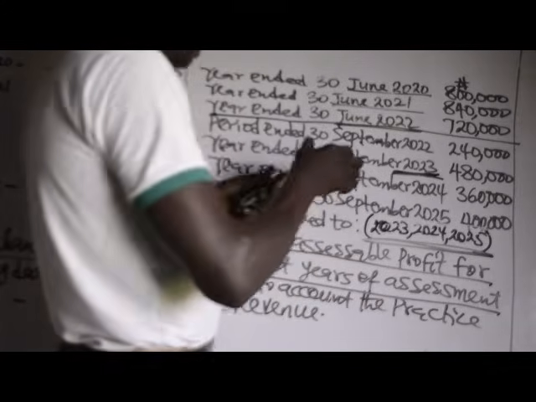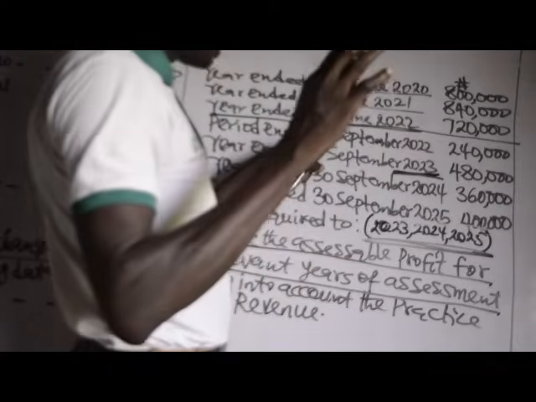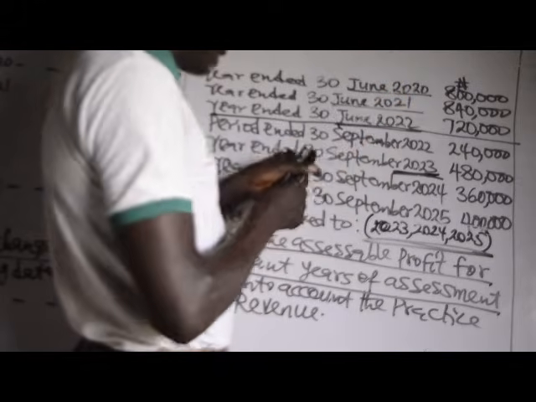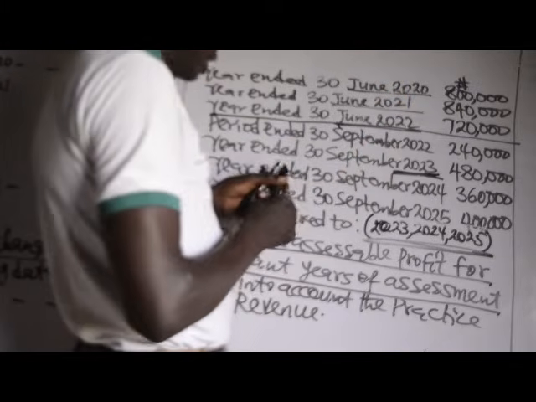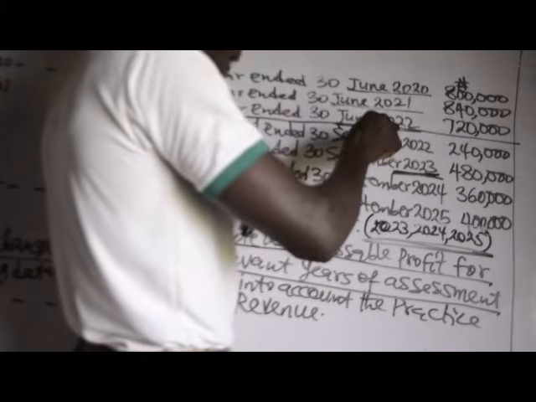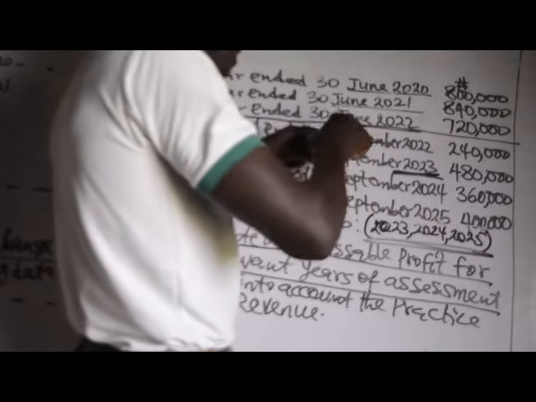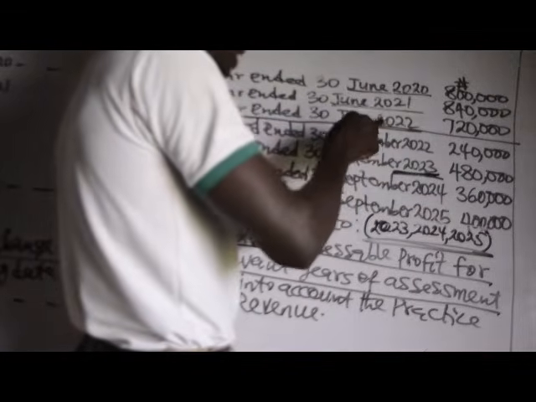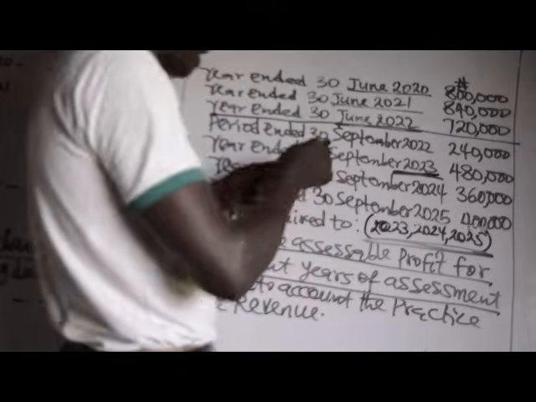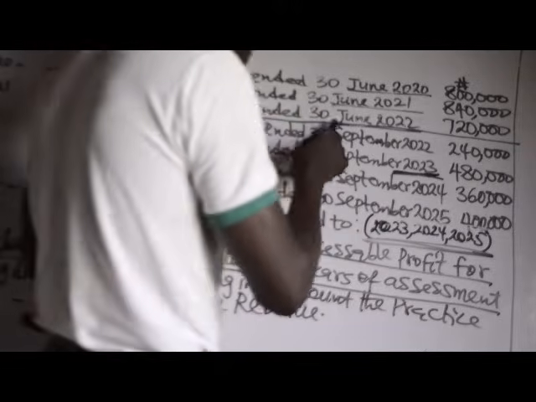Now, we can get profit for July 2022 from this September profit. Notice September profits must have started from 1st of July 2022, since the last accounting year end is June 30, 2022. That means this is profit from July 2022.